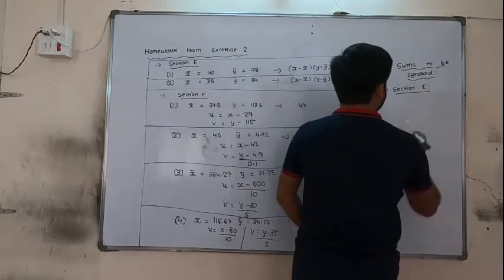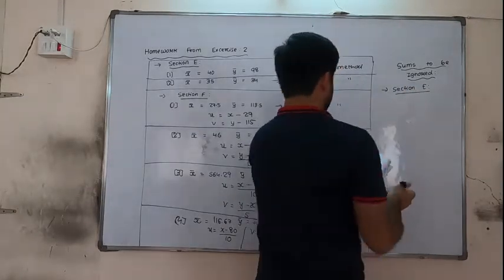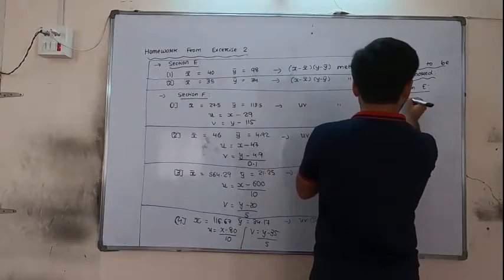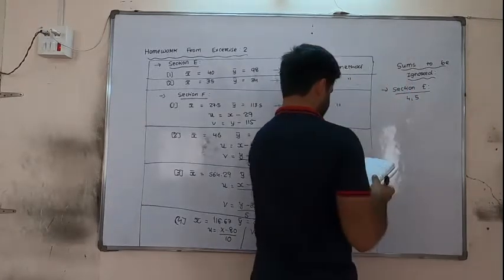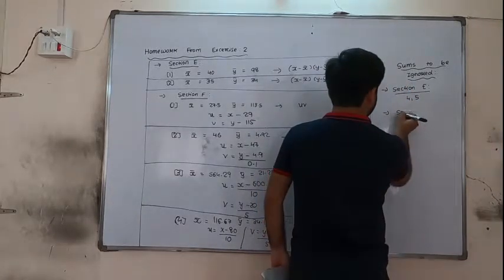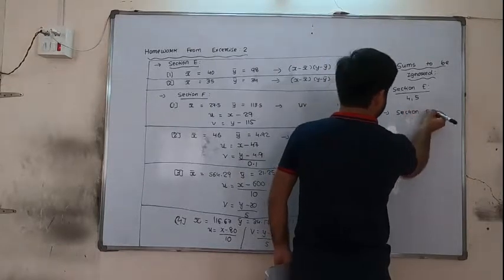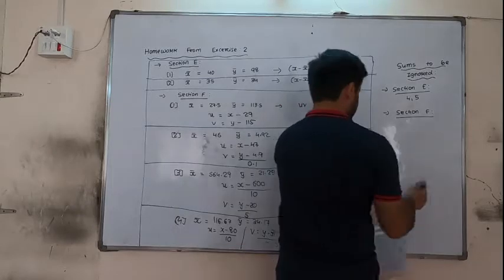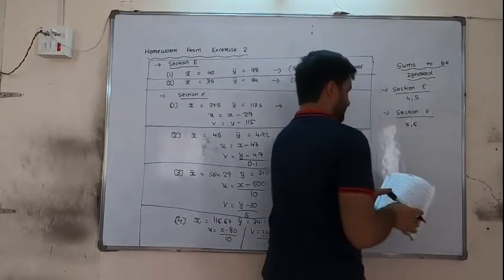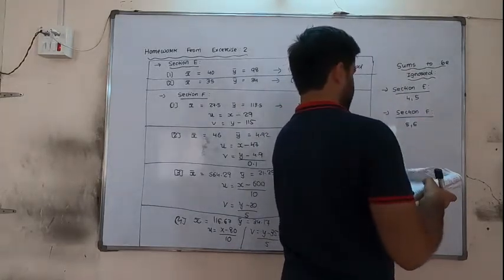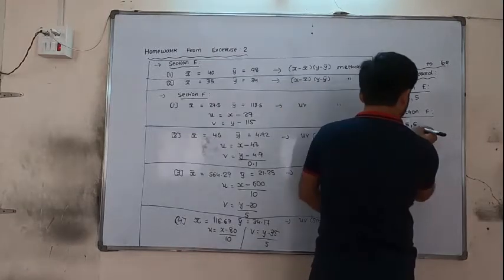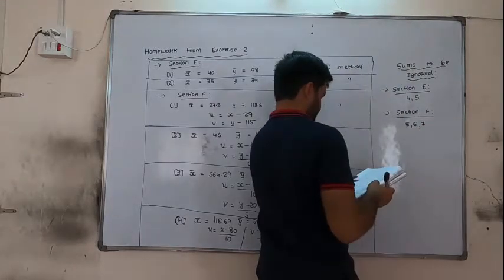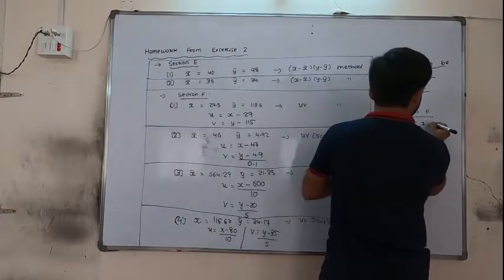Section E: which sums will you ignore? 4, 5. Then section F: 5, 6, 7, 12.